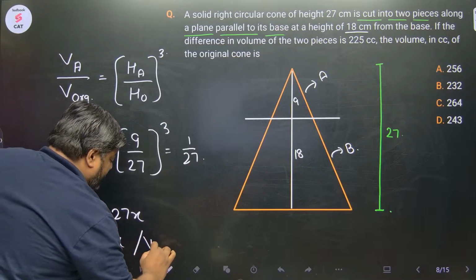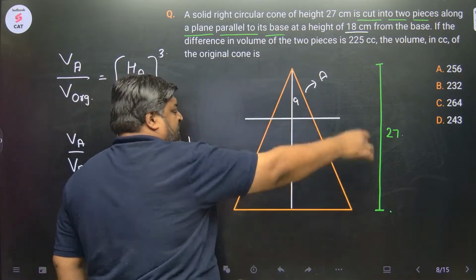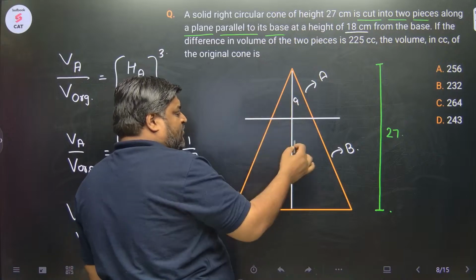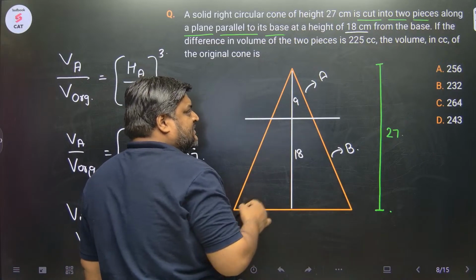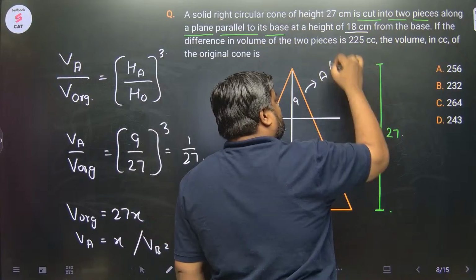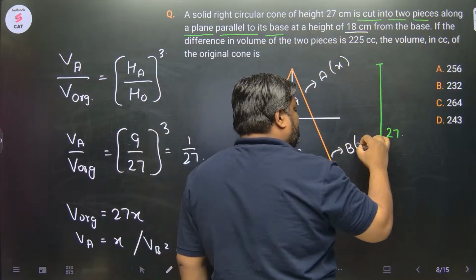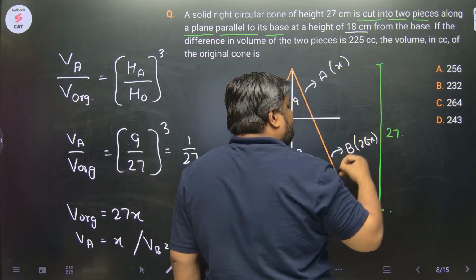Total is 27x. This is x. So volume of B would be 26x.